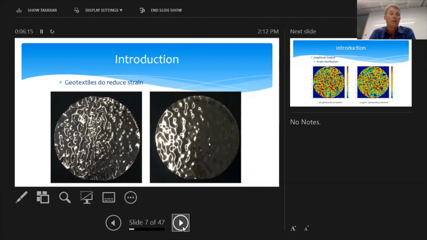In other words, the geomembrane is placed directly against the rock, and you get a very distorted profile. And the one to the right is where there's a 1600 gram geotextile placed between the geomembrane and the rock profile, and loaded to 600 kPa. So you can see the effect of how the geotextile reduces the indentations and therefore the strains on the geomembrane.